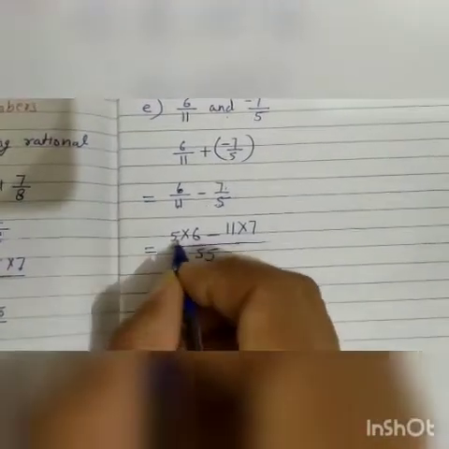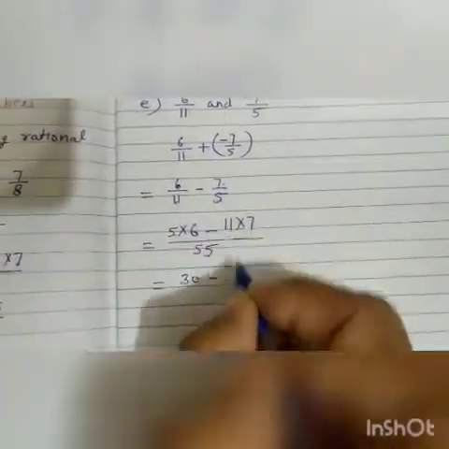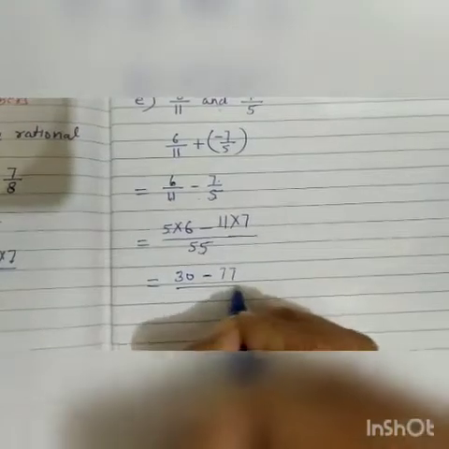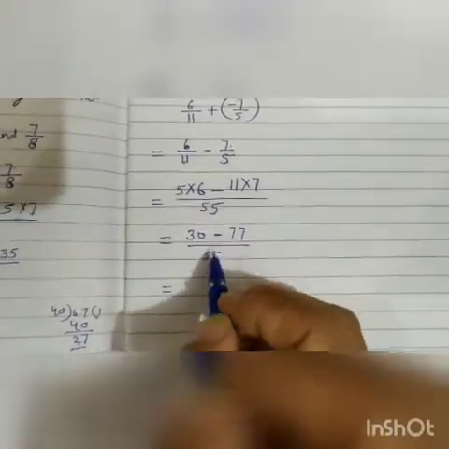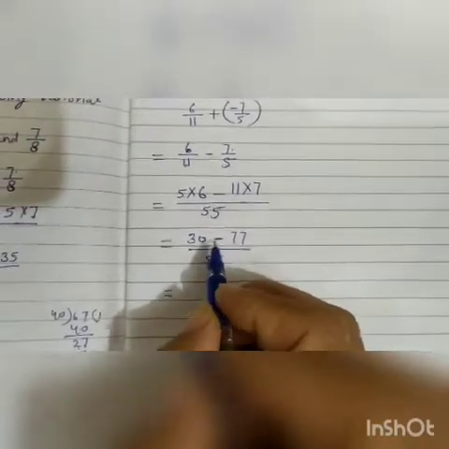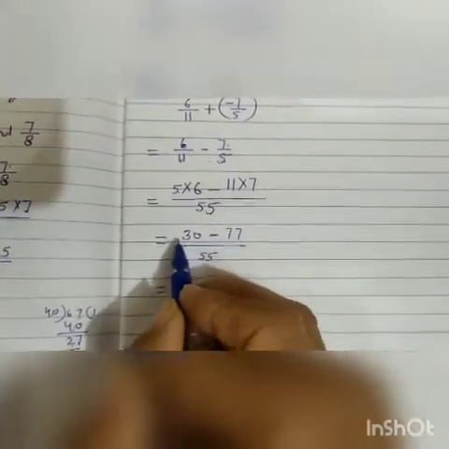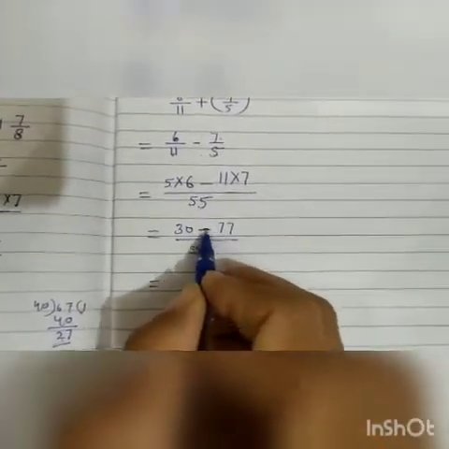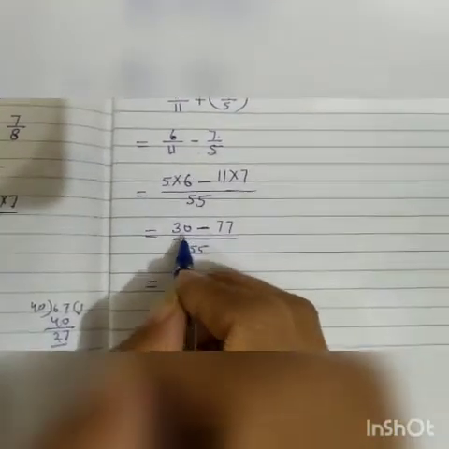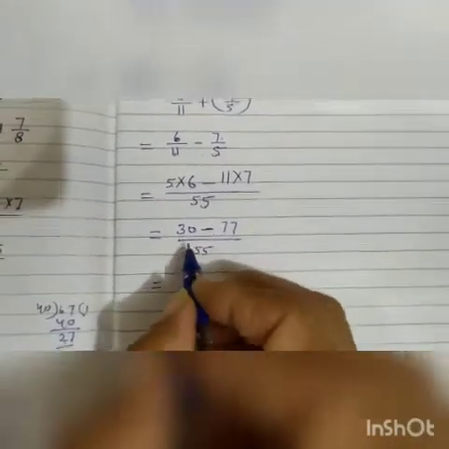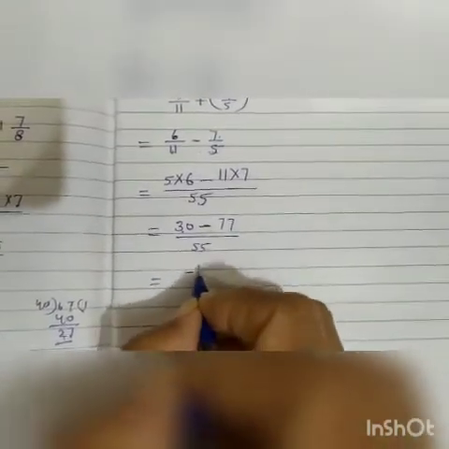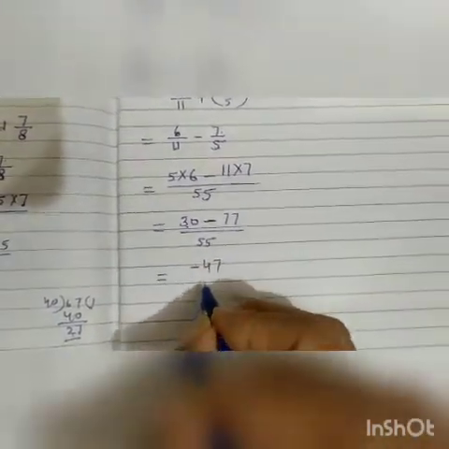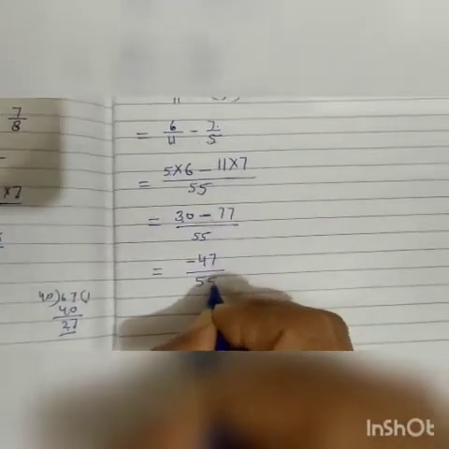Now simplify it, 5 6s are 30 minus 11 7s are 77 upon 55. Now students, apply the simplification rule. When two numbers are with different sign, one is plus, one is minus, then we subtract the smaller one from the larger one. It means we will subtract this 30 from 77. We will get minus 47 upon 55.